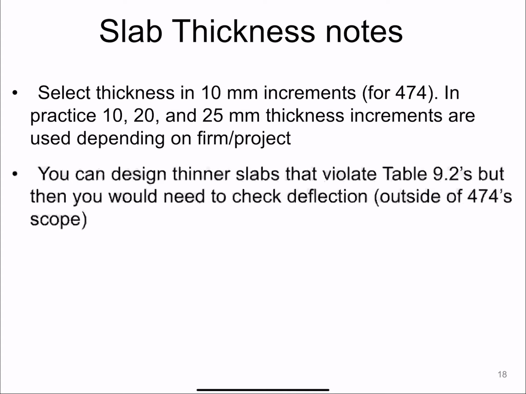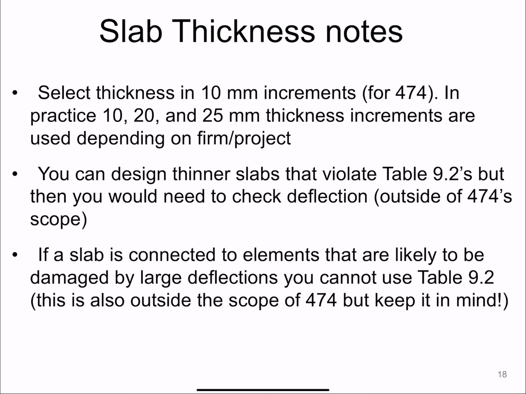If you design a thinner slab, not following table 9.2, it's allowed. You can design them, but then you will need to do a detailed deflection check, which is outside of the 474 scope for the one-way slab. Now, if the slab is connected to elements that are likely to be damaged by large deflections, you cannot use table 9.2, because you would have some amount of deflection.